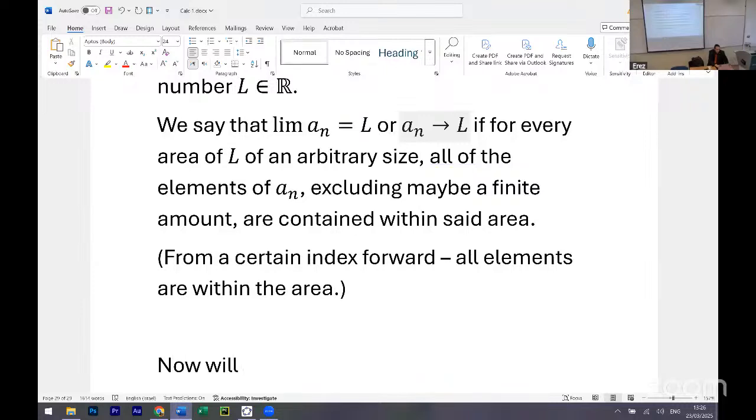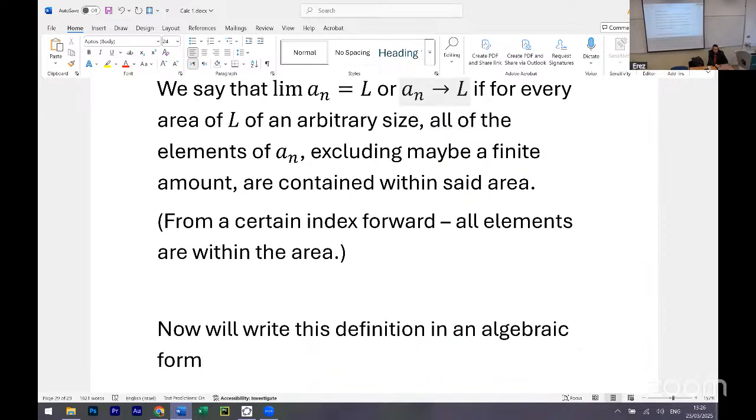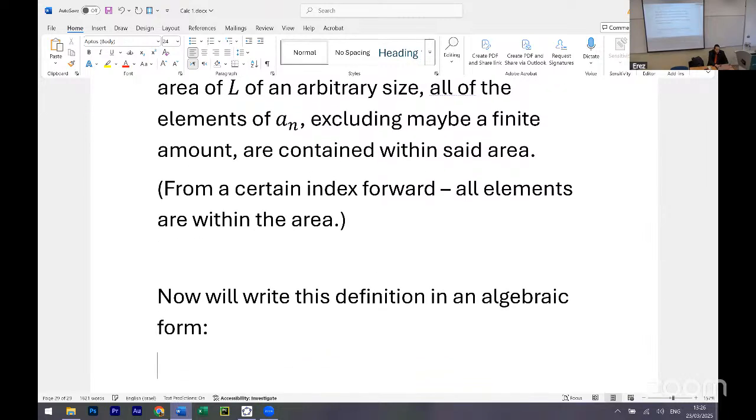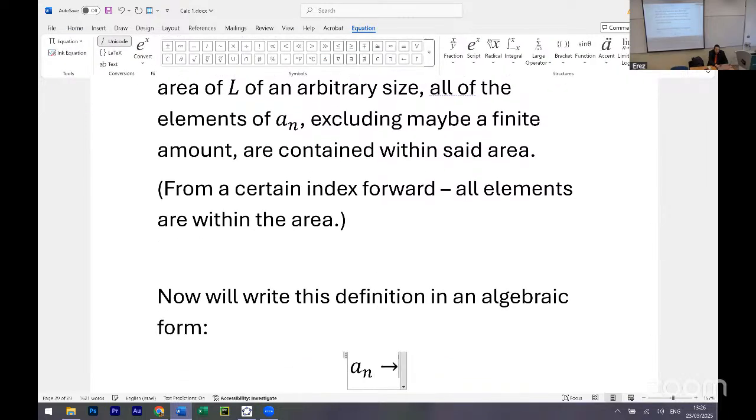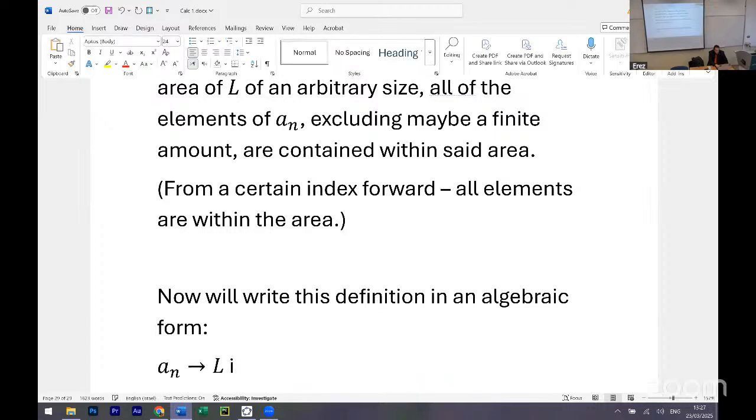Now we will write this definition in an algebraic form. So a_n tends to L if for every... so what measures an area? What is the difference between one area and another area of the same number L?